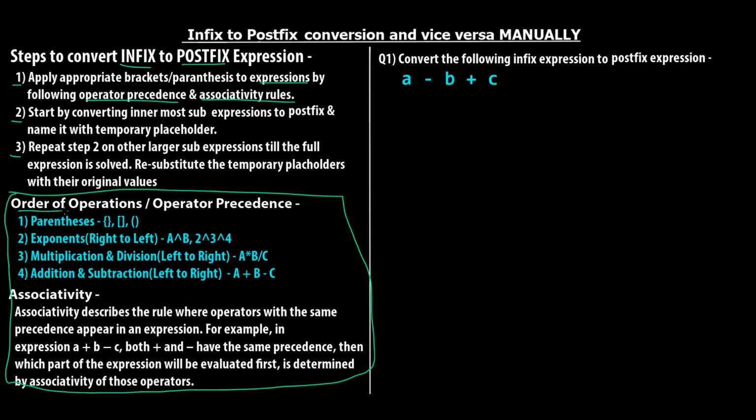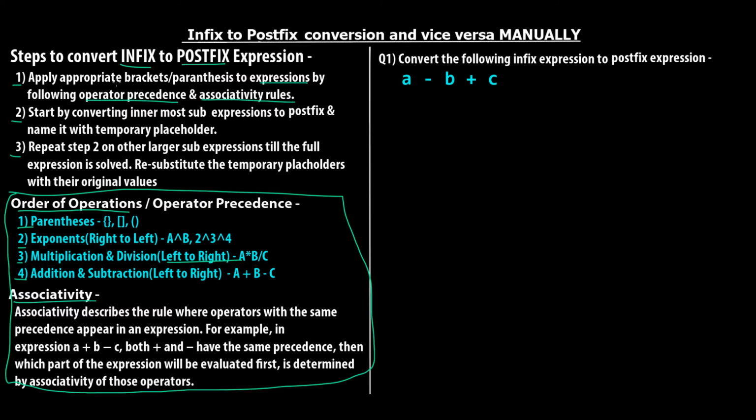So that order of operations is defined by this operator precedence, where parentheses come first, exponents come second, multiplication and division come third, and if we have multiplication and division simultaneously, then we have the associativity rule where we go from left to right, and at the last precedence level, last priority, we have addition and subtraction, and if we have both addition and subtraction, we go left to right, which we are going to apply over here also.